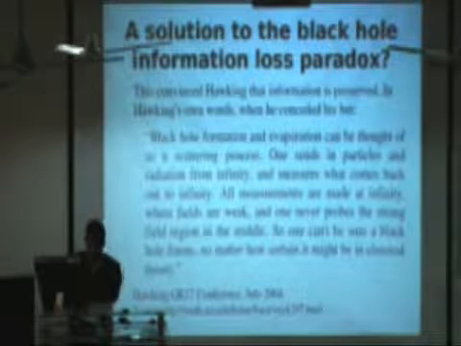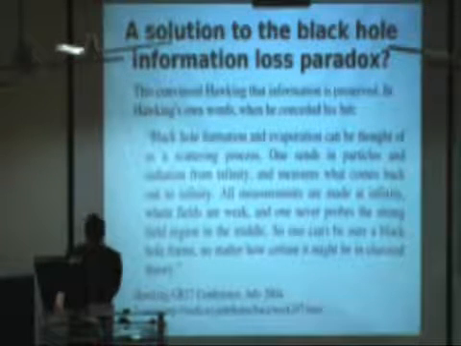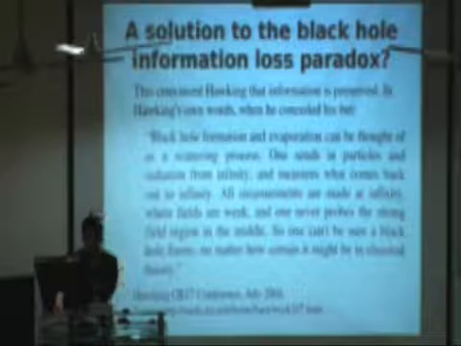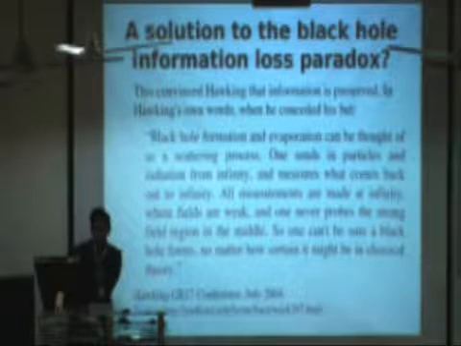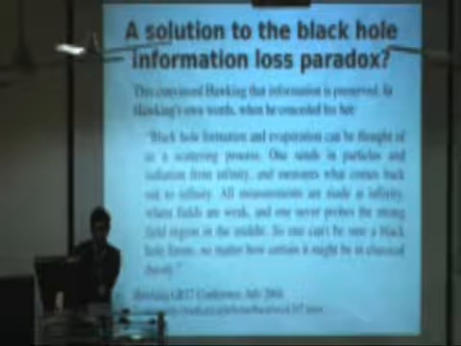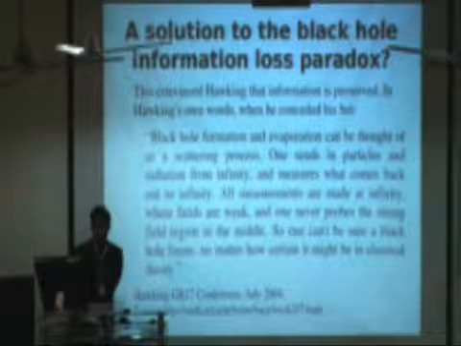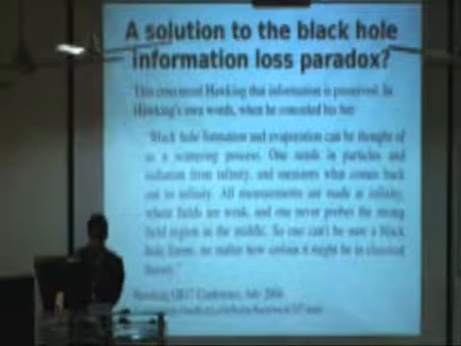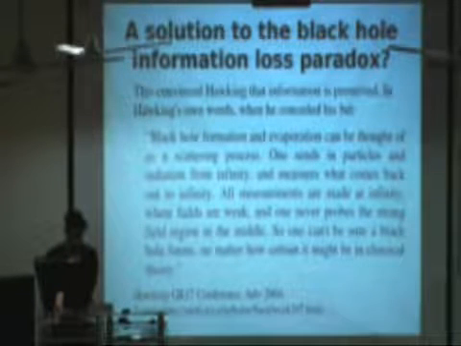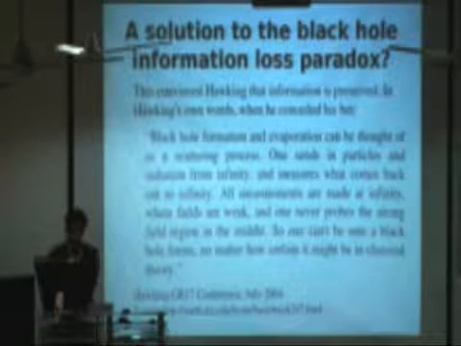In his own words, he says that black hole formation and evaporation can be thought of as a scattering process. One sends in particles and radiation from infinity and measures what comes back out to infinity. All measurements are made at infinity where fields are weak, so one never probes the strong field region in the middle.